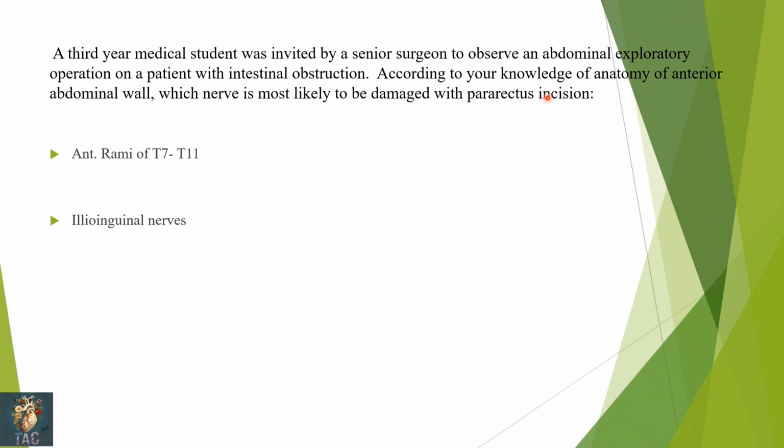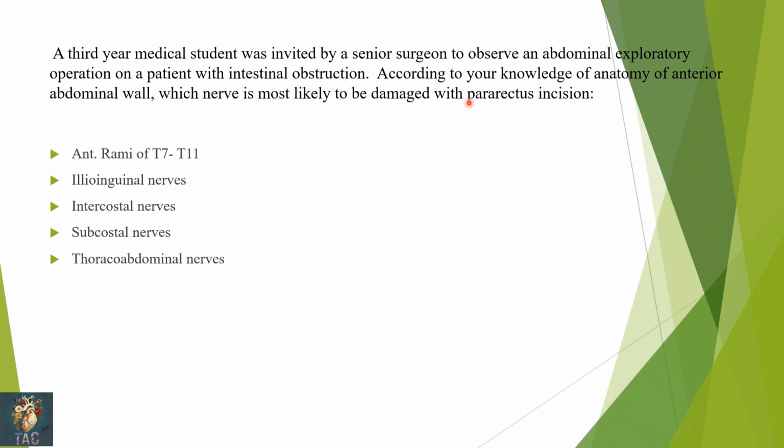So these may be the anterior rami of T7 to T12, ilioinguinal, intercostal, subcostal, or thoracoabdominal. So the correct option is the anterior rami of the T7 to T12 nerves, which pass through the rectus abdominis muscle and which are most likely to be cut in pararectus incisions.